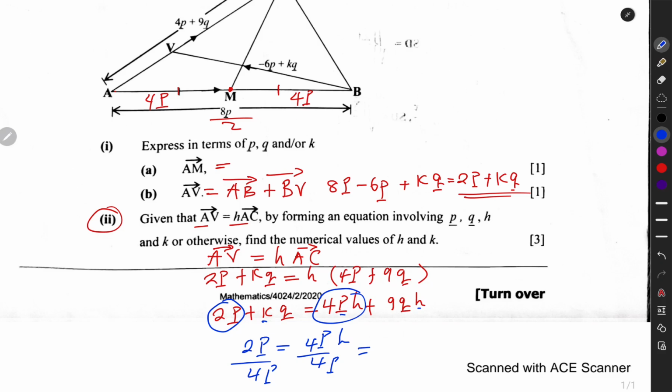This side we just remain with P and P, and this is 1/2. Then this side you just remain with H. So H is equal to 1/2.